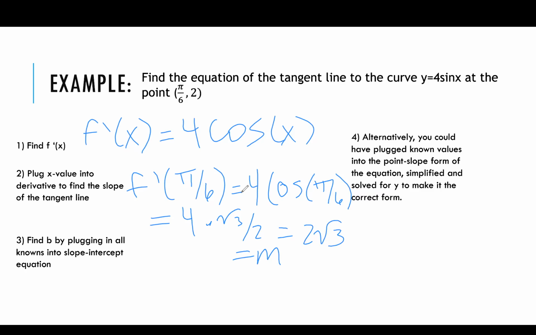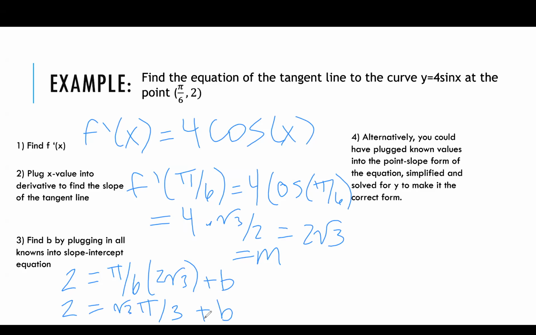So in this case, we have 2 equals pi over 6 times 2 times the square root of 3 plus b. Okay, so just to simplify this, 2 equals 2 square root of 3 times pi over 6, which is going to end up being square root of 3 pi over 3.